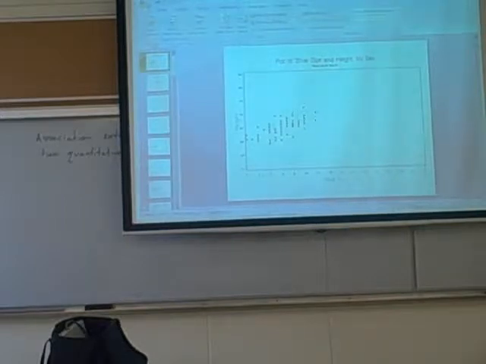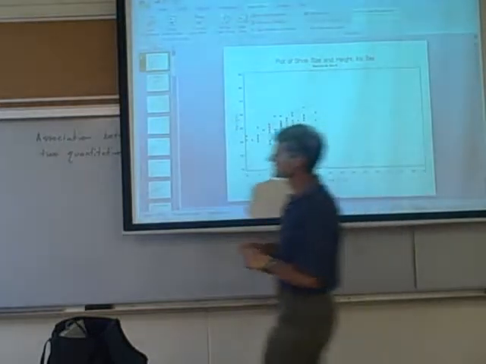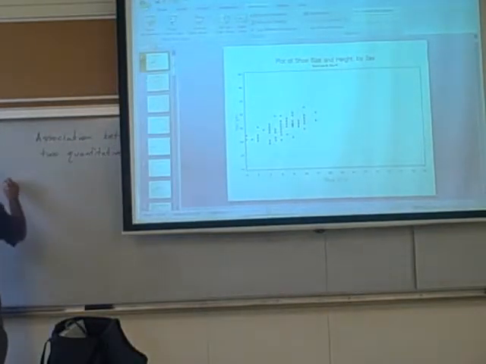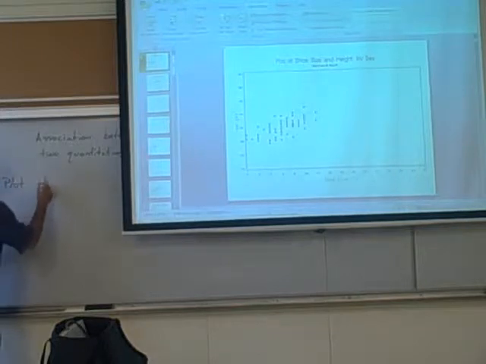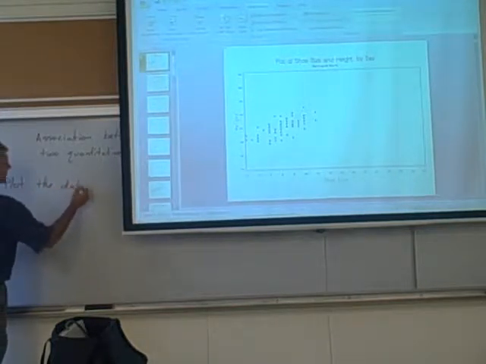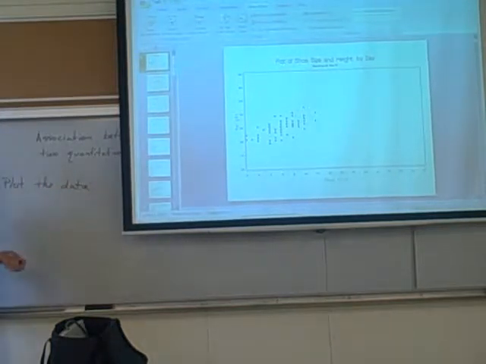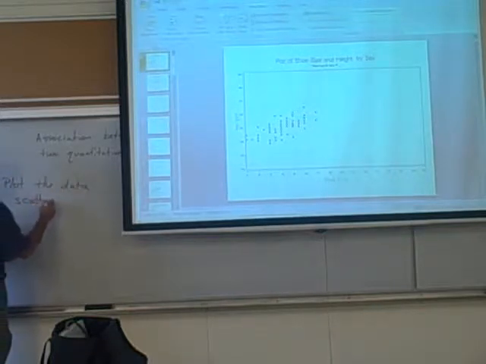This is known as a scatter plot. And that's always the first step. Plot the data. We didn't really do that when we had contingency tables. There wasn't really anything to plot. But when you have two quantitative variables, you start by plotting the data. And this is called a scatter plot.